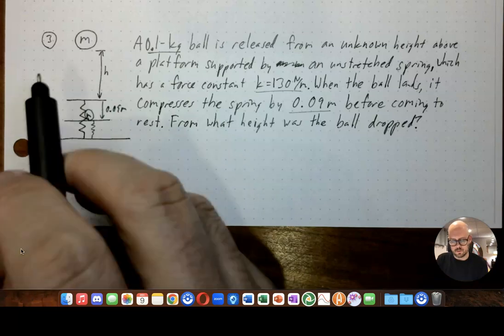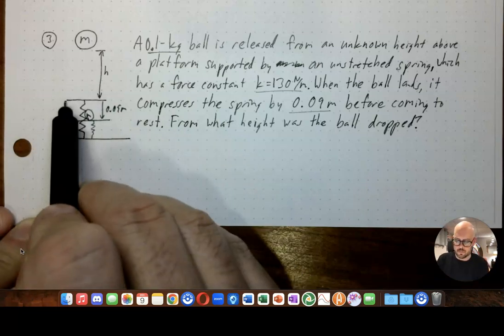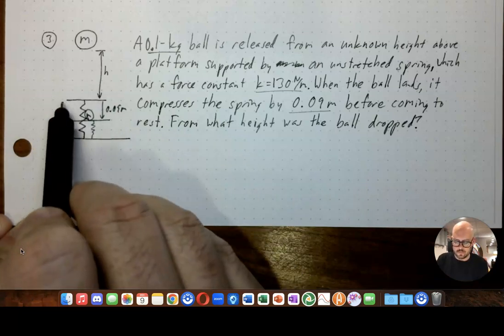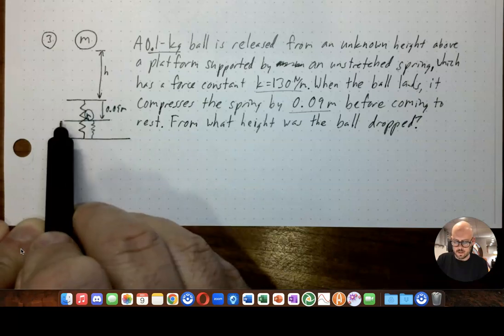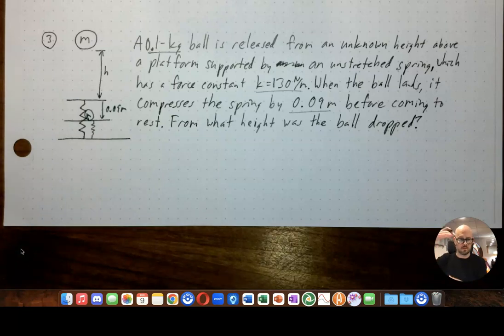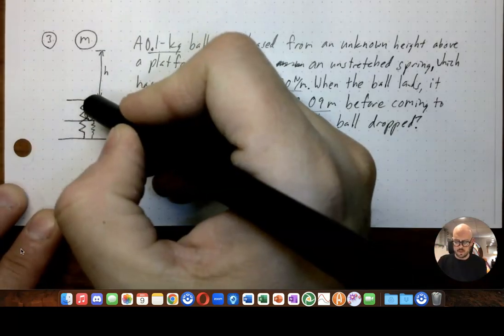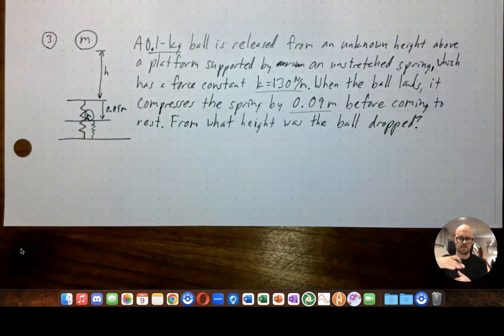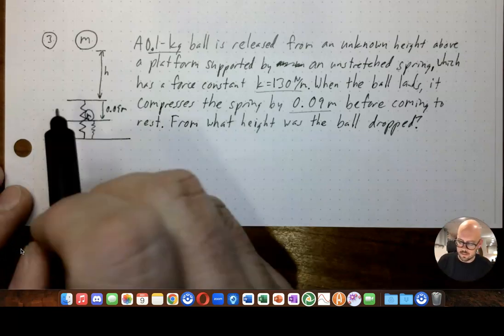I have two good options for where to make zero potential energy. It can be where the platform is before the ball hits it, and the platform after the ball is done compressing. Basically, the ball will put a force on the platform. It will push the platform down until the spring force is enough to push the ball back up, and at that moment it stops instantaneously.